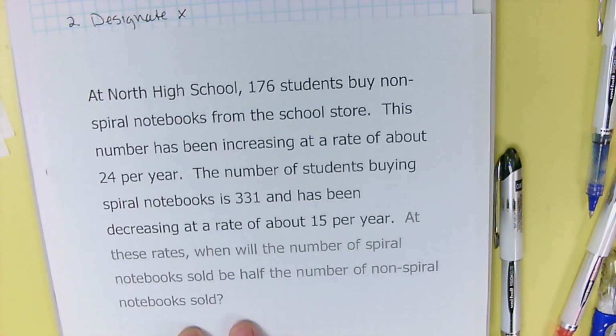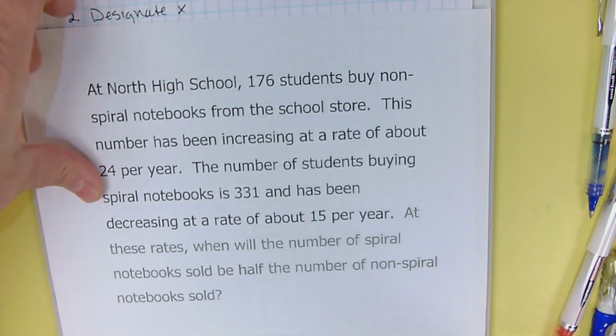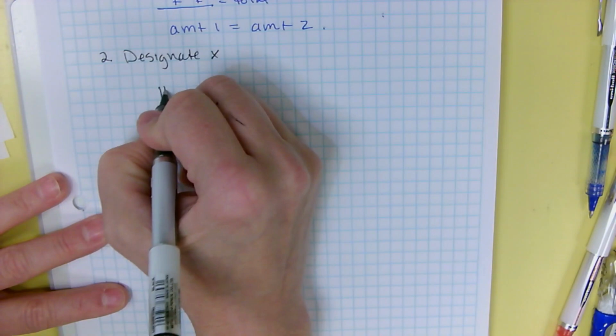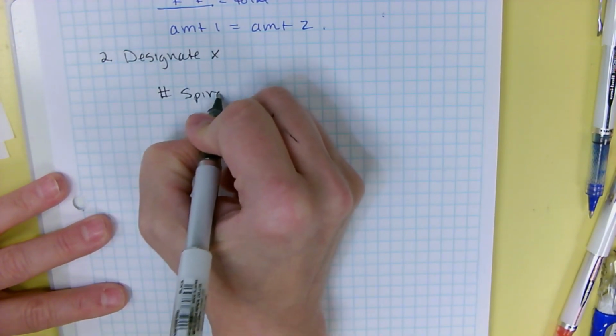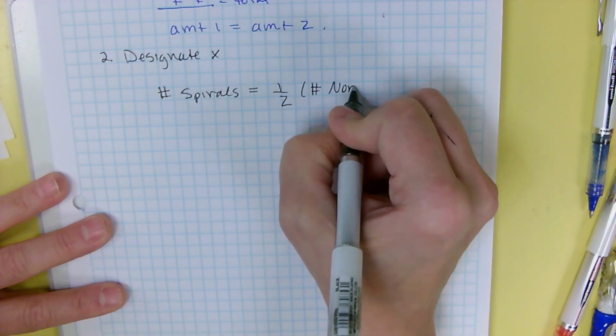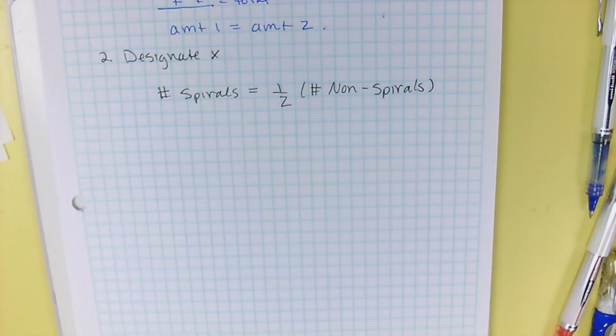So the big picture is we want to know when the spirals will be half the number of the non-spirals. So that is your big picture equation, that the number of spirals are going to be 1/2 the number of non-spirals. So that's step one.